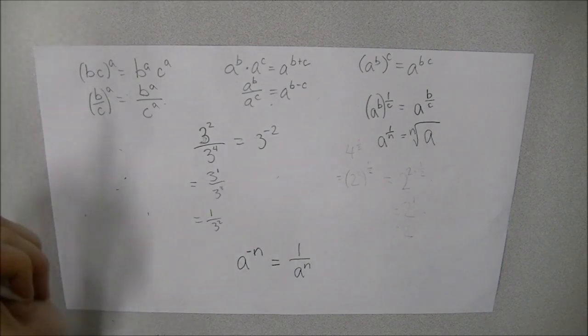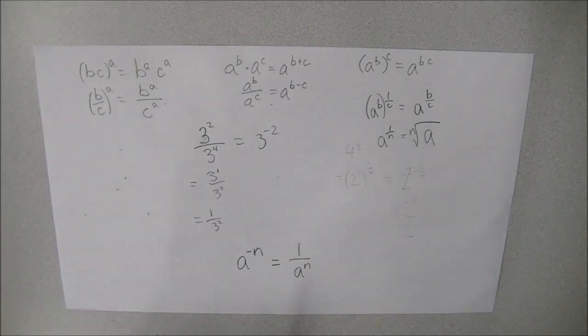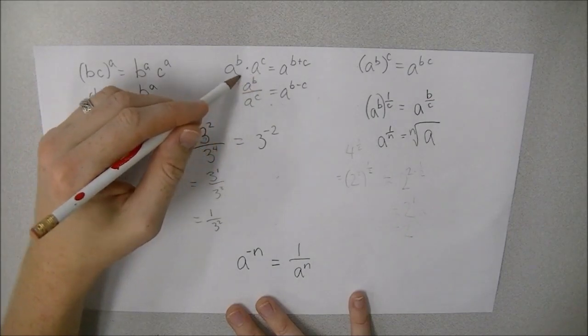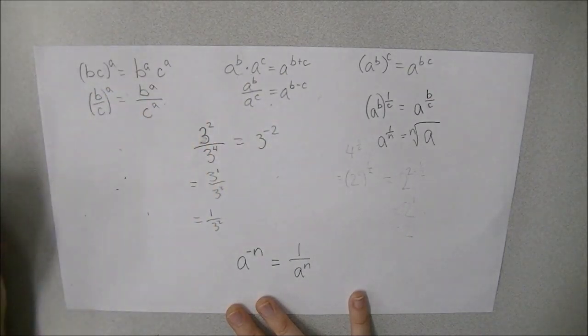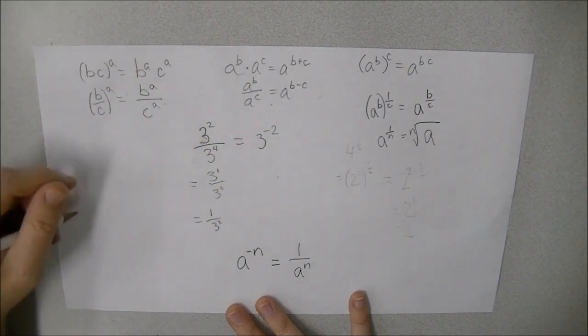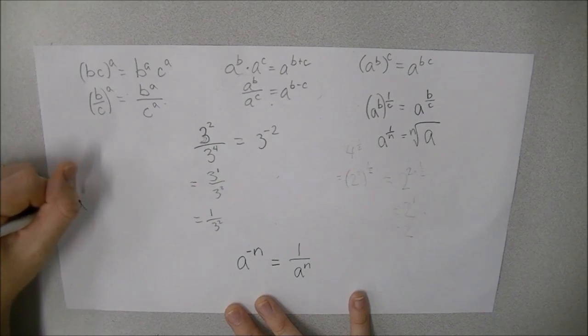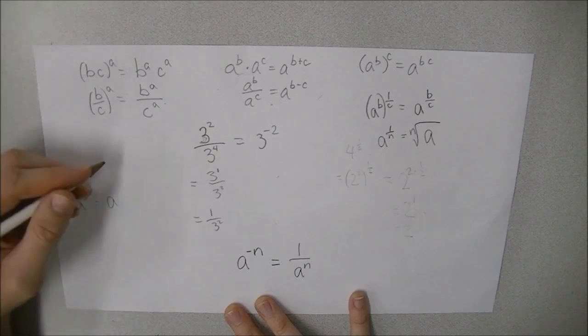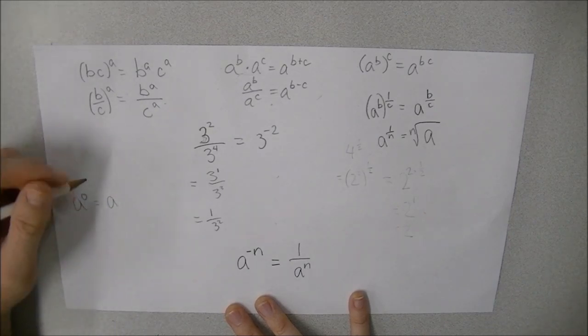Okay, so I've got fractions, I've got negatives, I know about positives, but what about 0? Well, 0 is probably the simplest rule to remember. And once again, we're going to use this rule to figure it out. If I have a to the power of 0, I could think of that as a to the power of 5 minus 5, picking any of your favorite numbers.